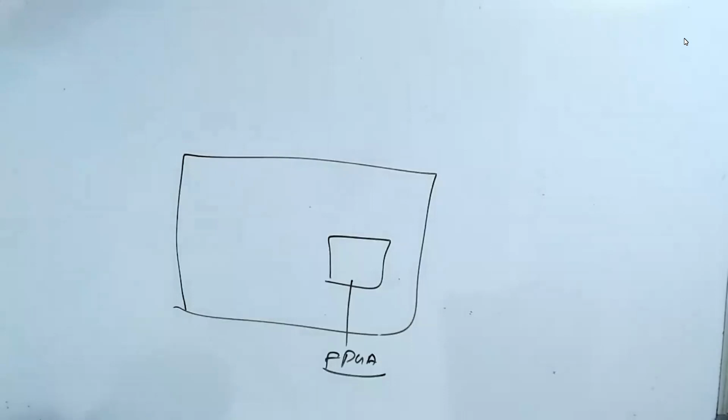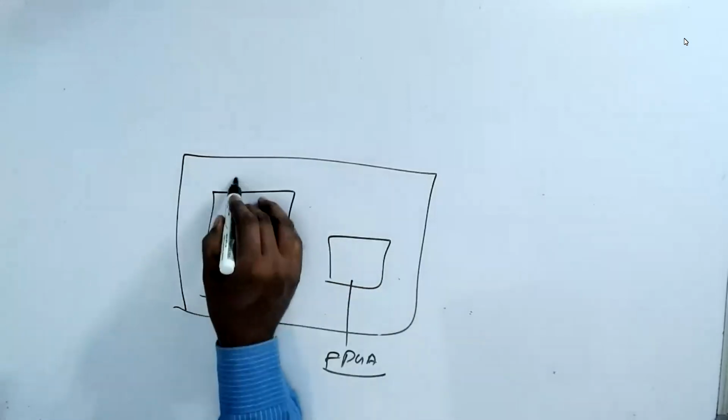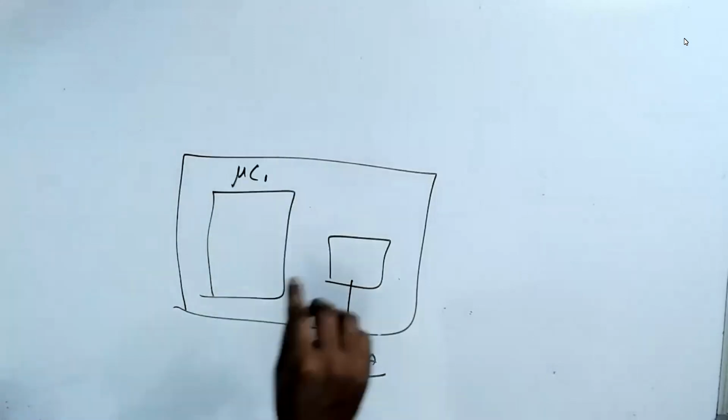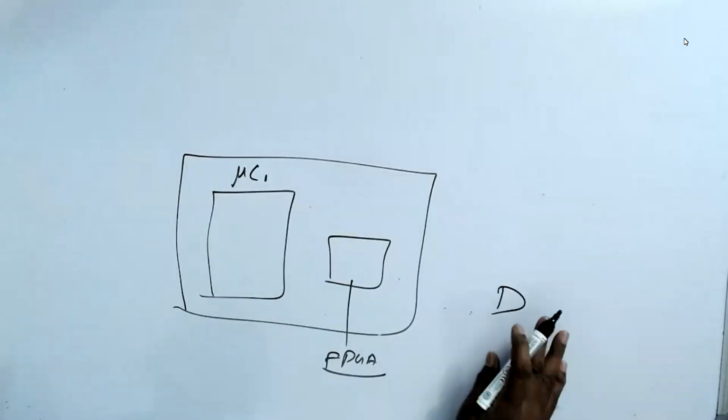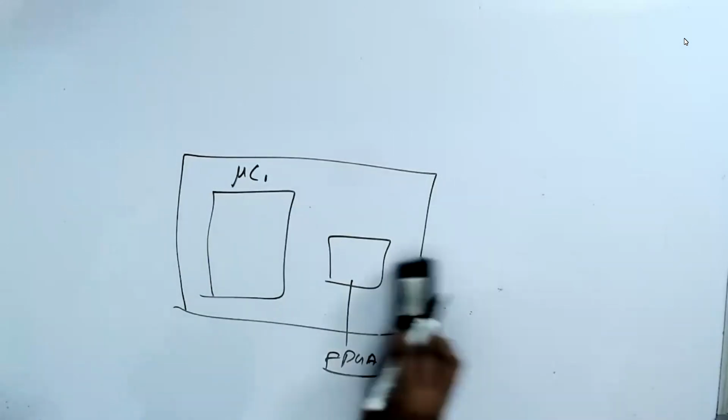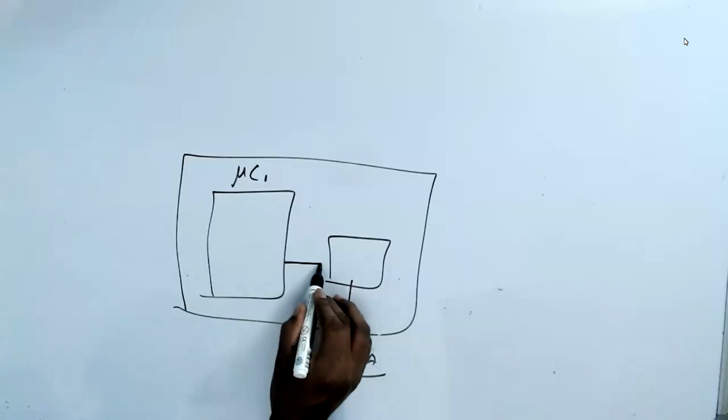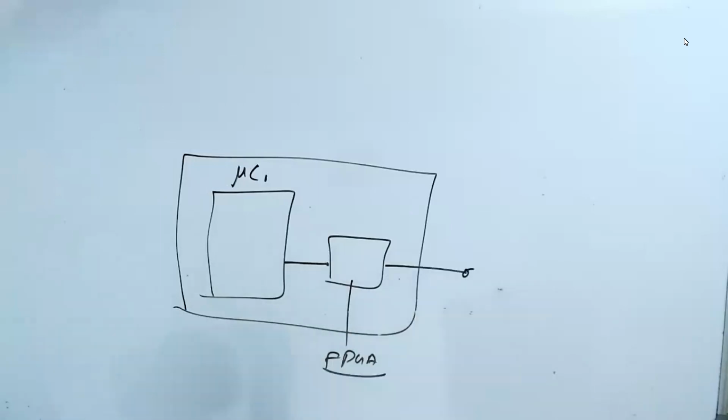Why? Because some functionalities are not available in my microcontroller. I want to put the functionality outside. I cannot use gates, it takes very big space. So they download it inside the FPGA. The microcontroller will talk to the FPGA and you get the outputs.